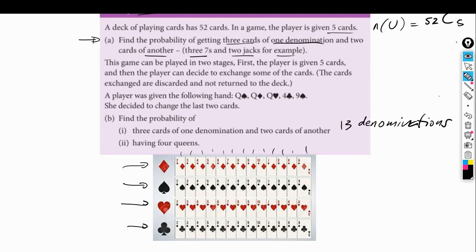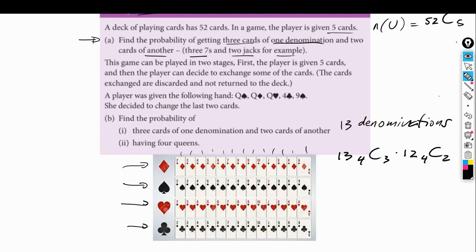Now, since the player first has to pick 3 cards of the same denomination, he's going to have 13 different options, multiplied by 4 combination 3, because he or she has to pick 3 cards out of the 4. But we also have to take into account that after these first 3 cards are selected, there are going to be 12 denominations left, and he's going to have to pick 2 cards out of 4.